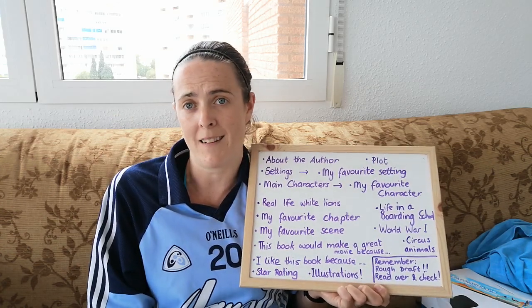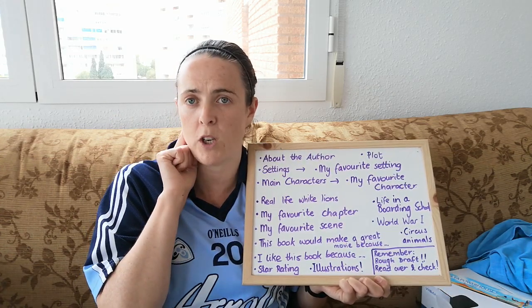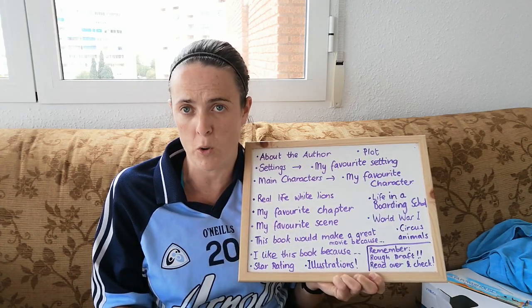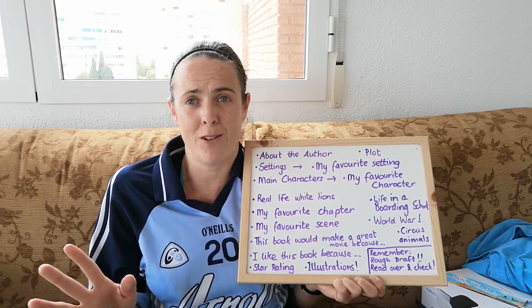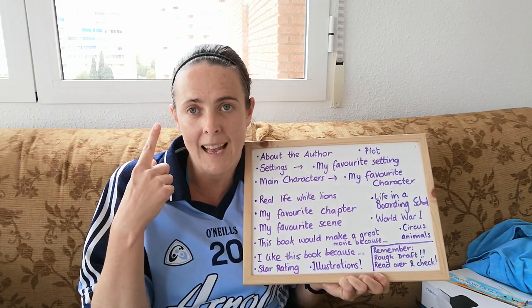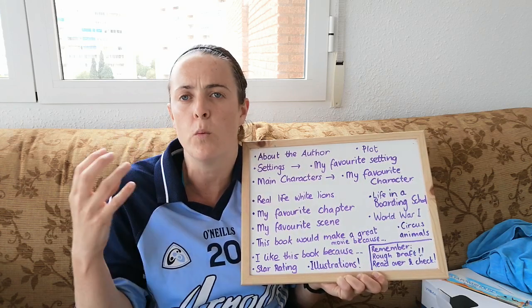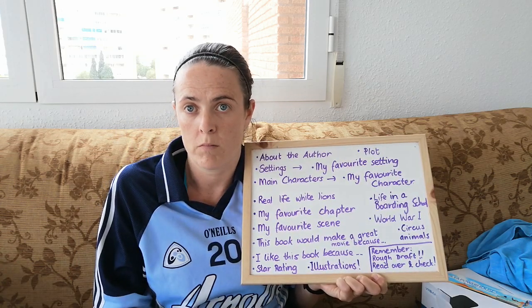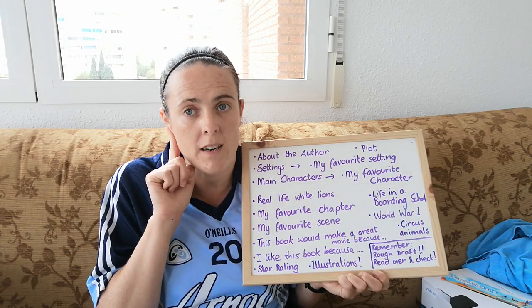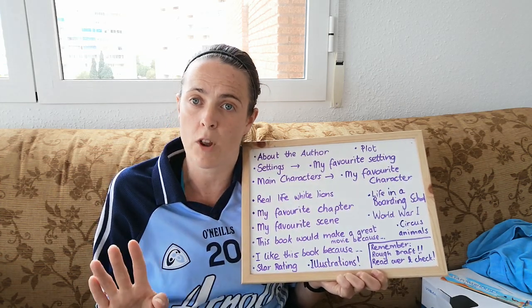Make sure that it makes sense. If it doesn't sound right when you read it out loud, that means it's not right. You've either neglected to put in punctuation, or you've written words that don't make sense. Okay? Say out loud what you would like to say, and then write it down. Then read it out loud and see, does it sound right? If it doesn't sound right, you need to change it.